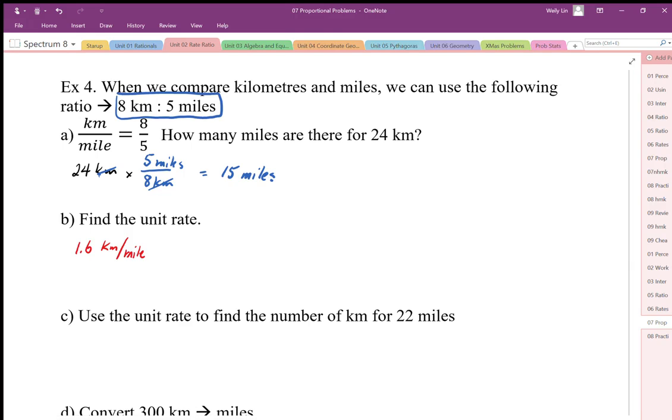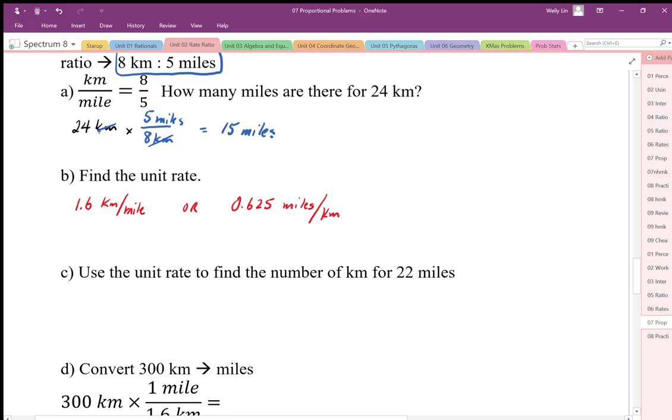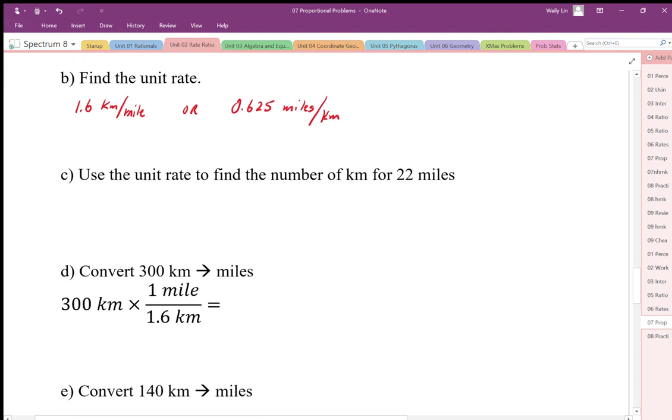So the other unit rate is 0.625, and that's going to be miles on top, kilometers on the bottom. So we can use this unit rate to convert kilometers to miles, or miles to kilometers.